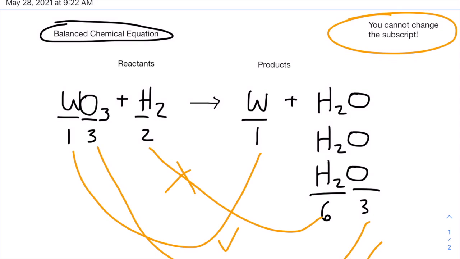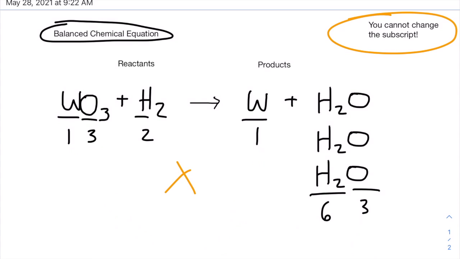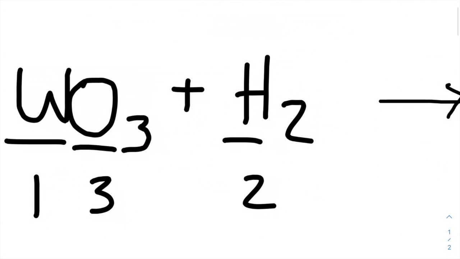Remember, with these kind of things, it's always a back and forth. Sometimes you got to keep messing it up before it's perfectly balanced. Perfectly balanced. There we go. So we've got a bunch of hydrogens here, 6, but only 2 here. So let's go over here. Remember, we cannot change that subscript.